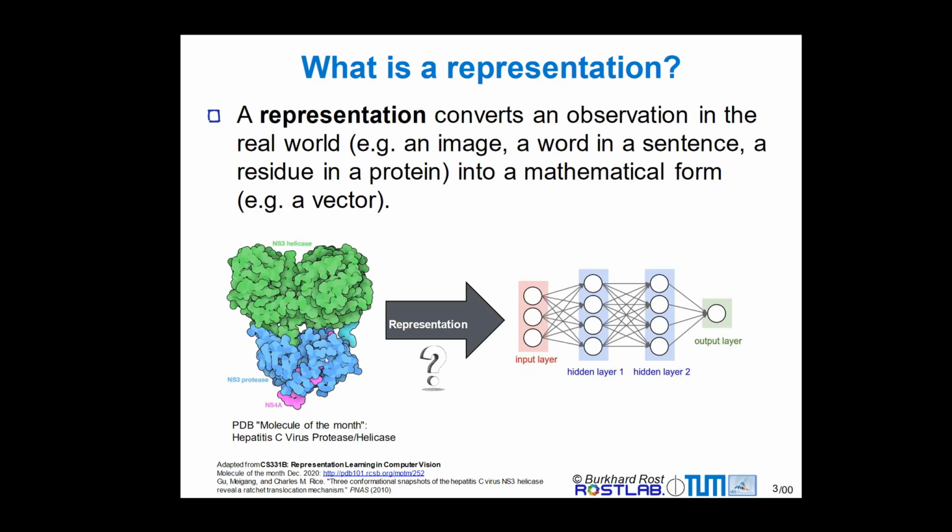Because here you just see a very simple 3D sketch of the hepatitis C virus protease helicase. This is something we can nicely visualize for ourselves in 3D. We can color certain domains, functional subregions of this protease.